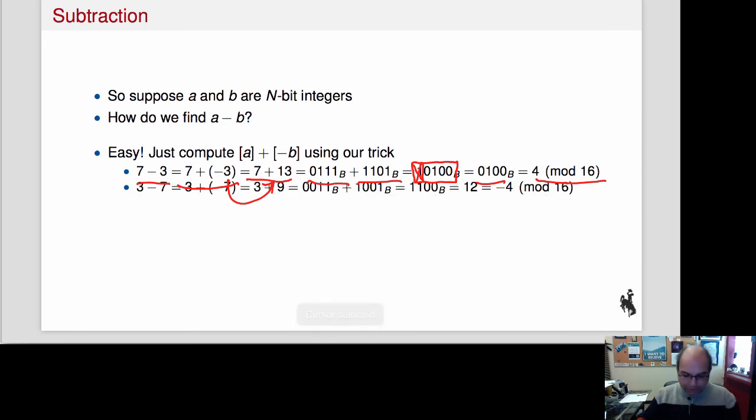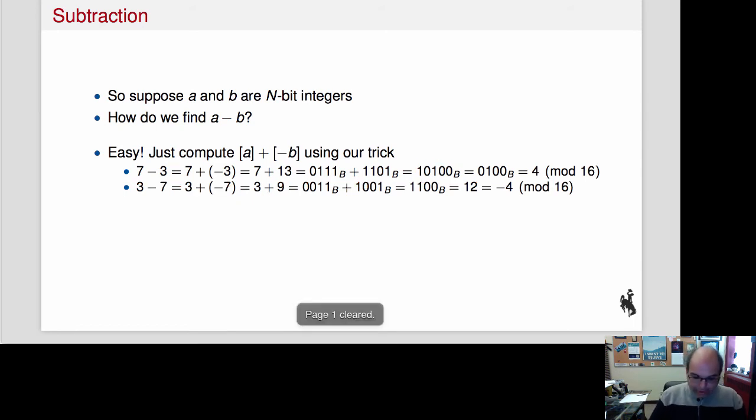But let's try 3 minus 7. 3 minus 7 is 3 plus minus 7, which is 3 plus 9, because minus 7 is the same as 9 modulo 16. That's 0011 plus 1001, which is eventually equal to 12, because it's 8, 4, 0, 0.